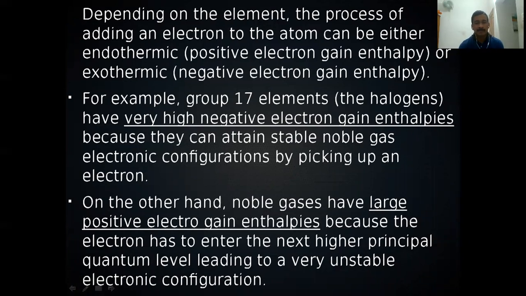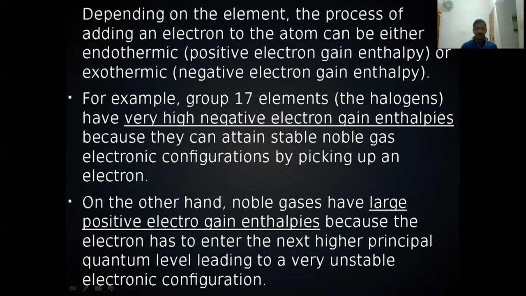Here you can see, in the case of group 17 elements, they have very high negative electron gain enthalpy because they can attain stable noble gas electronic configurations by picking up an electron. They are going to a more stable state. If they are going to a more stable state, their energy will decrease. When its energy decreases, it will release that excess energy in the form of heat energy.